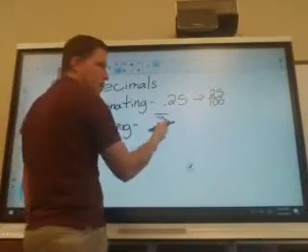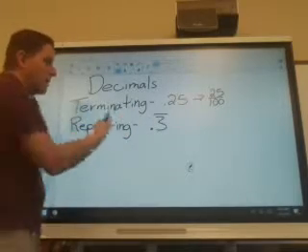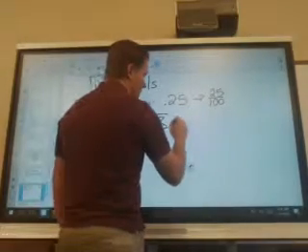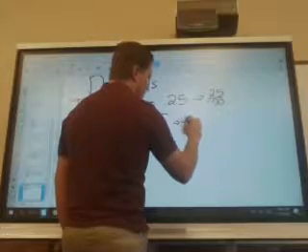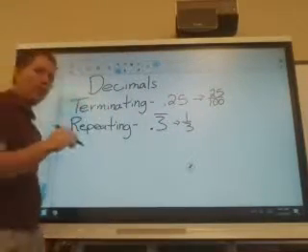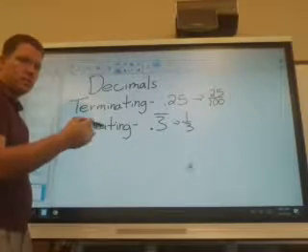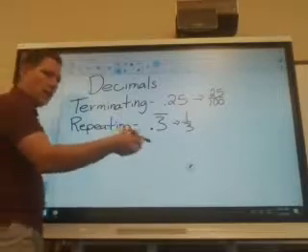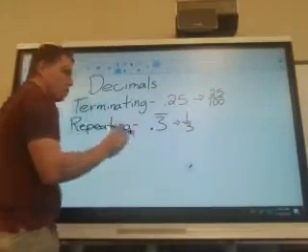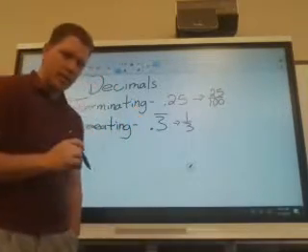Now, this as well, check the website for how to convert these into fractions. 0.3 repeating, hopefully you know, is 1/3. Because if I do 1 divided by 3, I keep getting 3's as I do the division, and it keeps coming. Okay?